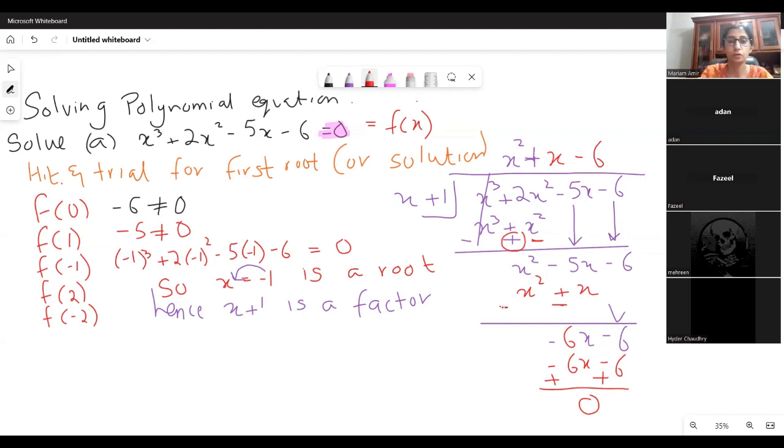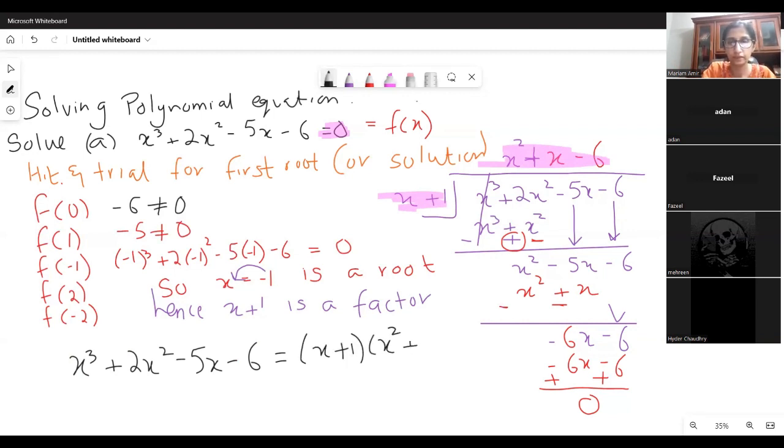Okay, so now we know that x cube plus 2x square minus 5x minus 6 can be written as product of these two. So this can be written as x plus 1 and x square plus x minus 6. Okay, so we have x plus 1, and can we further factorize this?